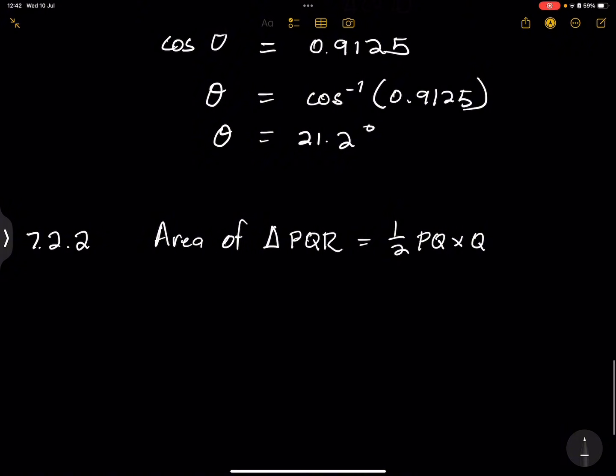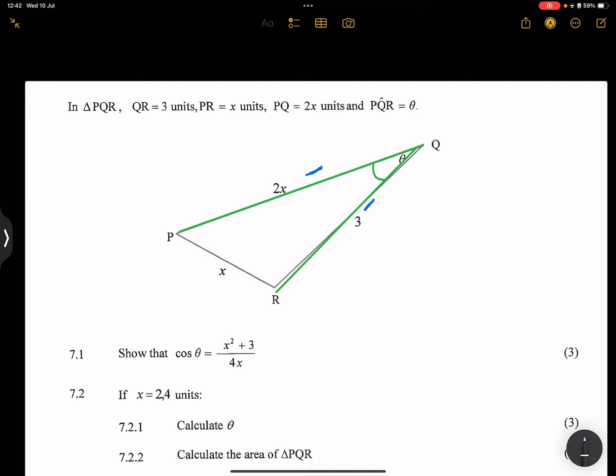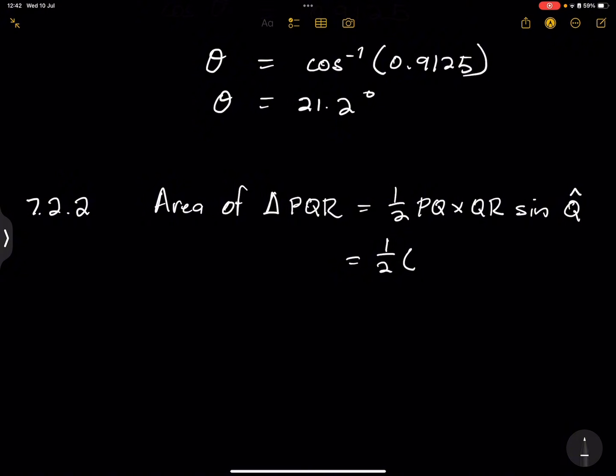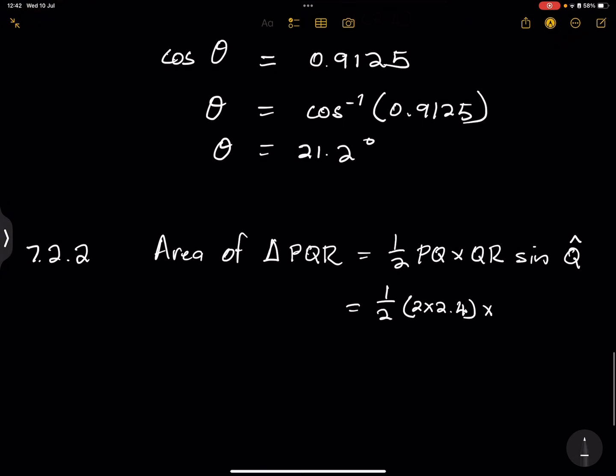PQ times QR, the sine of the angle in between them, which is angle Q. So let's find out what that is. So we said PQ is 2x, but remember x is given as 2.4. So 2 times 2.4, remember it's 2x and x is 2.4, multiplied by QR. QR we are given, which is 3 units.